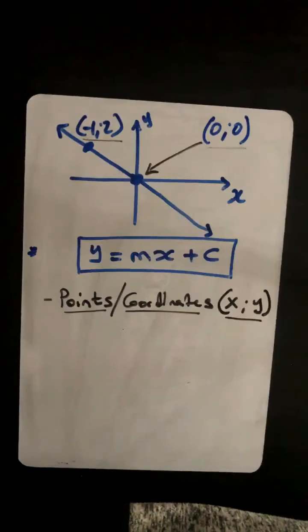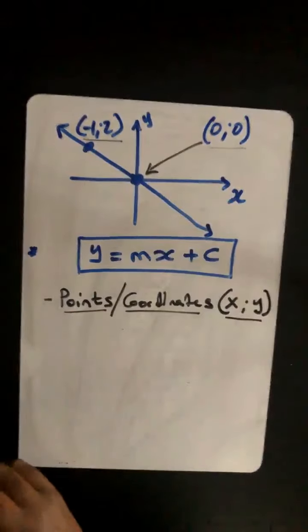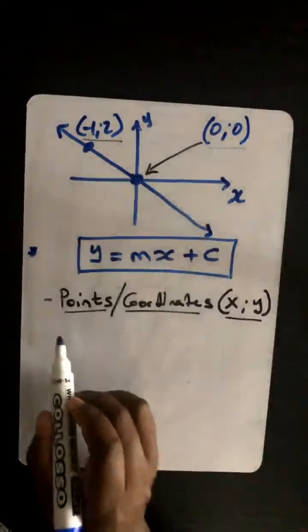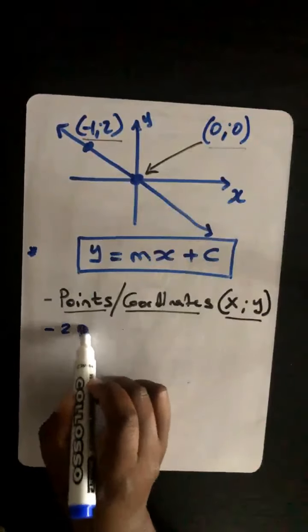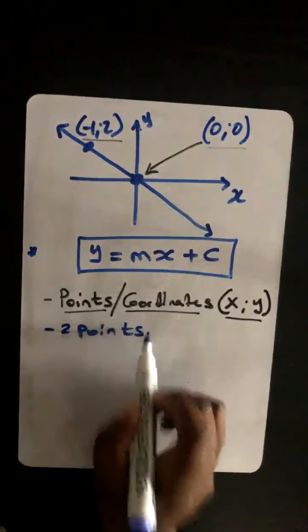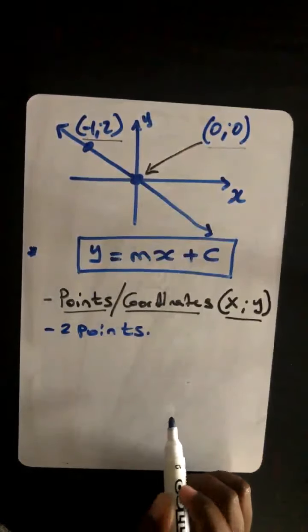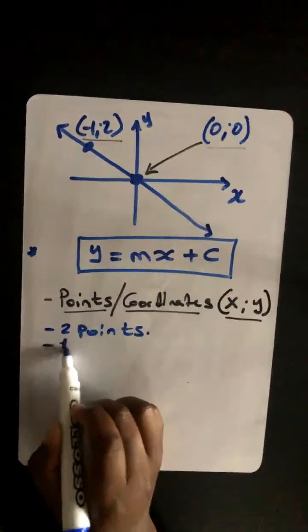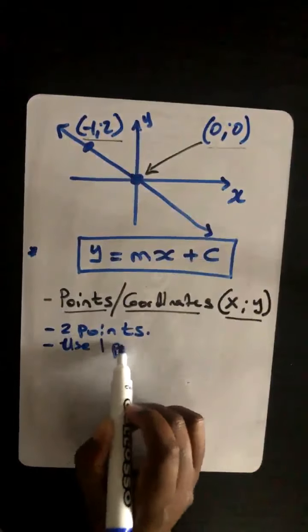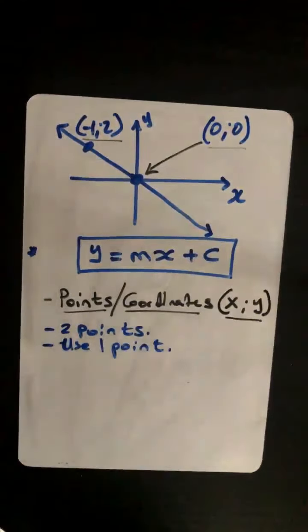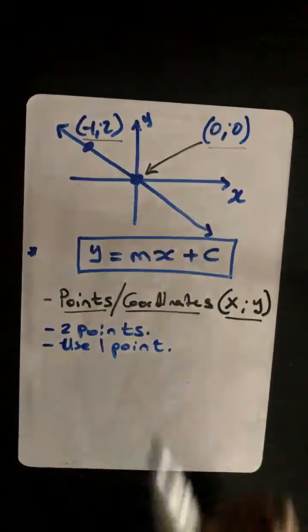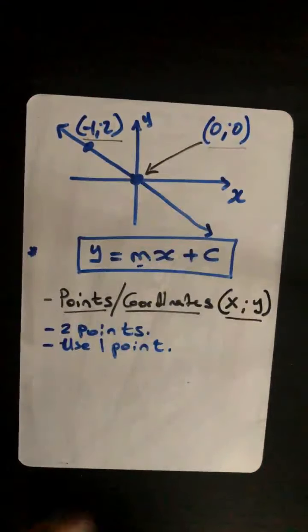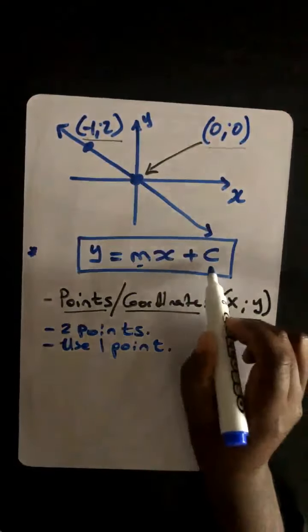So an answer to that question is we do have 2 points. So you can also write down this as part of your notes. So when you want to determine an equation of a straight line, you need 2 points. So this is what you need. You need 2 points. And again, you use 2 points to determine the gradient, and you use any point to determine the C value.